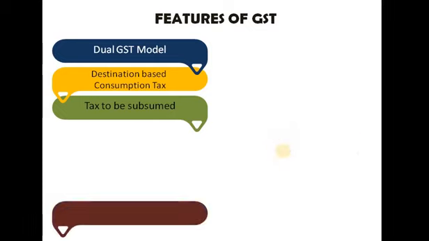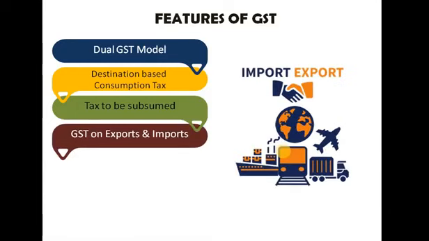And the next feature is GST on exports and imports. Here, students, we have to be very clear, that the GST is levied on all the goods and services, but the GST will not be applicable to exports and imports. When it comes to exports and imports, the central sales tax is applicable, whereas the integrated GST is calculated for transactions which take place within the country.